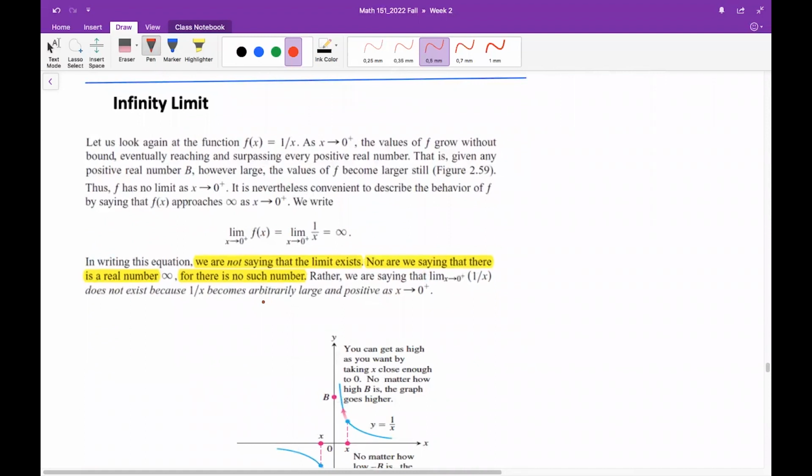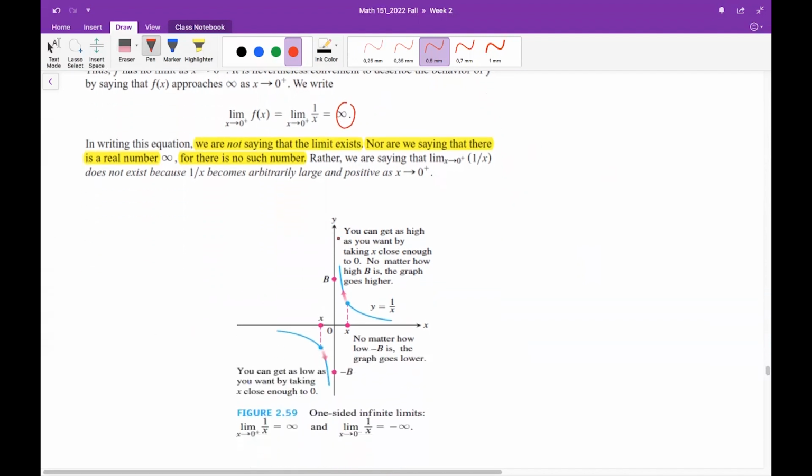Now, we will look at the case where the limit is infinite. This time, we won't look at the limit as x goes to plus or minus infinity. Instead, we will have situations where the result is infinite.